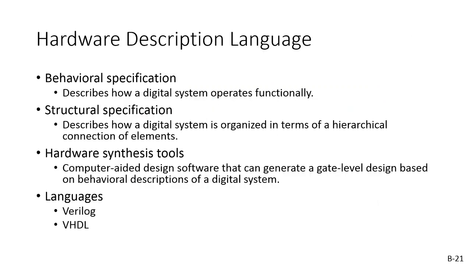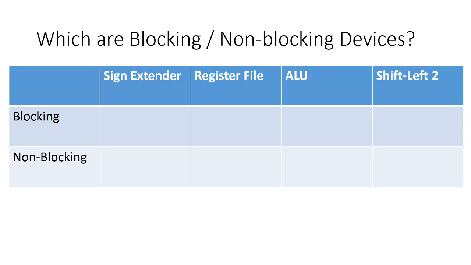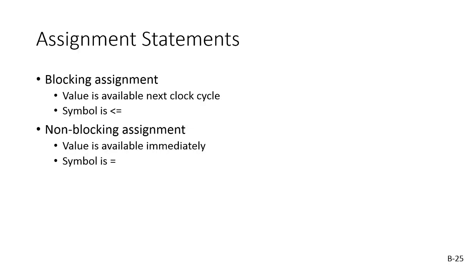Not going to talk about parity logic. Talked a little bit of hardware last time. I'm not going to talk more about that. I am going to talk a little bit about blocking and unblocking. Remember, we've talked about combinational and sequential logic, where combinational logic is always available and sequential is state-based, or memory.